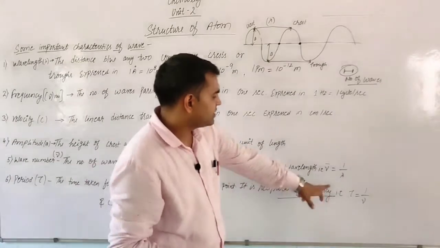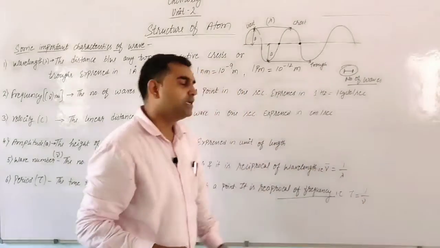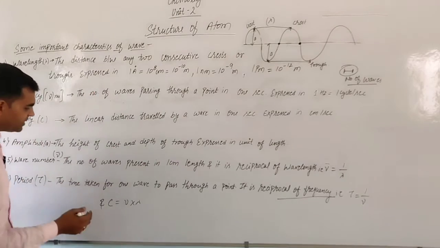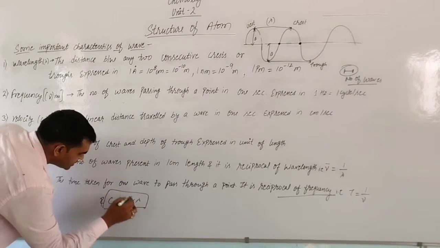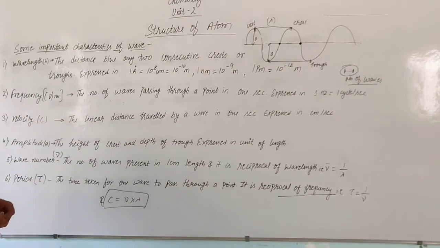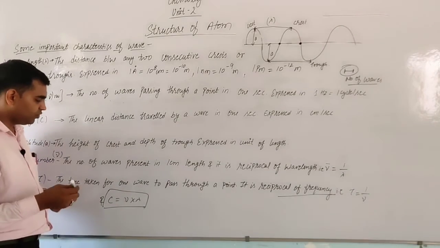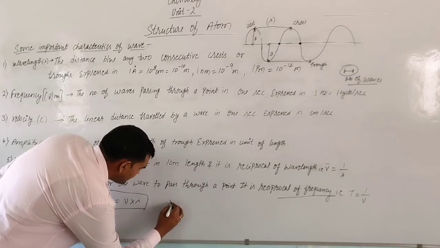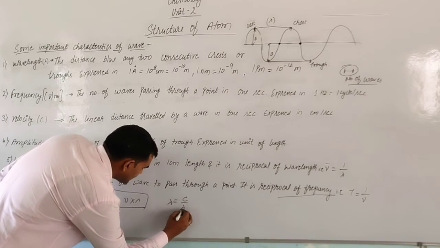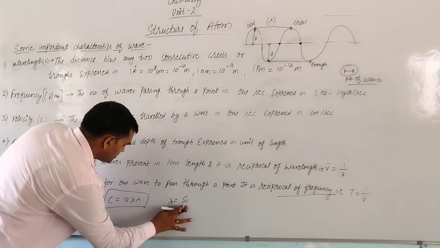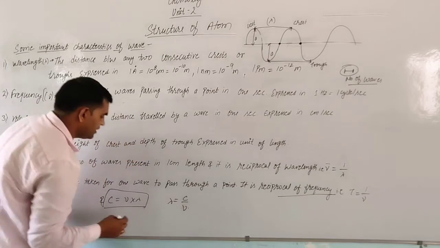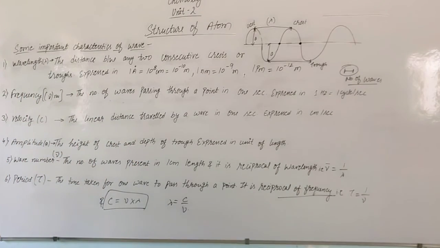That's why period is equal to 1 by frequency. From these equations we get one relationship: c is equal to nu into wavelength, or we can say lambda is equal to c by nu.